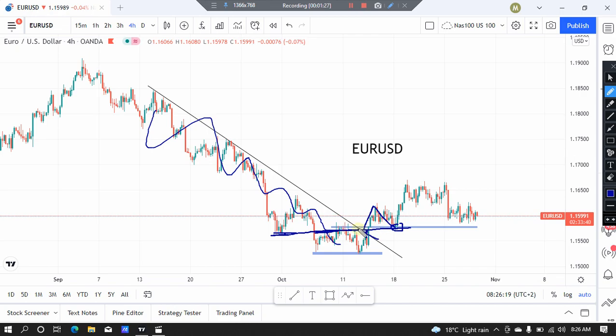So it means now the market is respecting that. The market is pushing up, trying to consolidate. Then now the market is back on that level again.